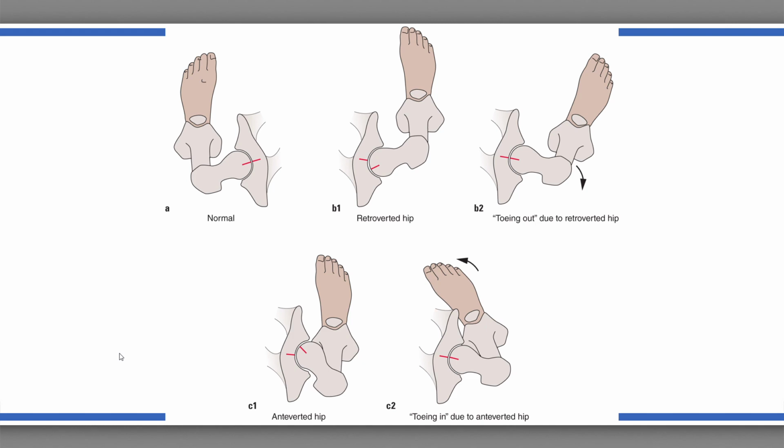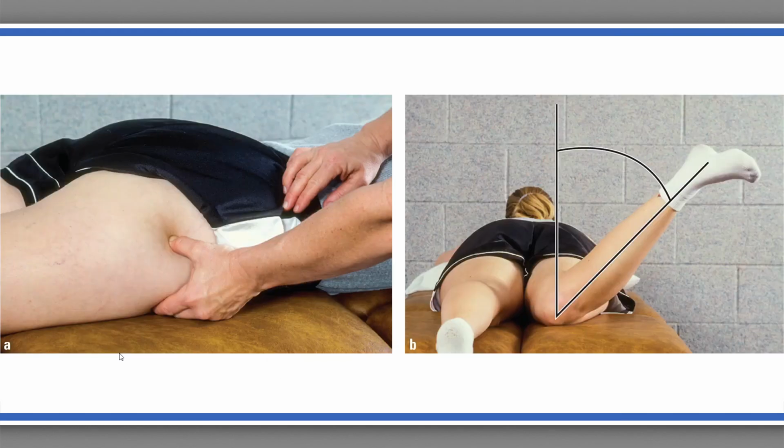Next, as I was mentioning from your textbook, here is a diagram showing you how you can actually assess for femoral anteversion. And once again, you can see the greater trochanter is positioned parallel to the tabletop, and the angle between the tibia's position at 90 degrees of knee flexion and a vertical line is measured.